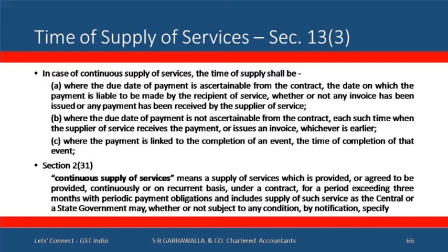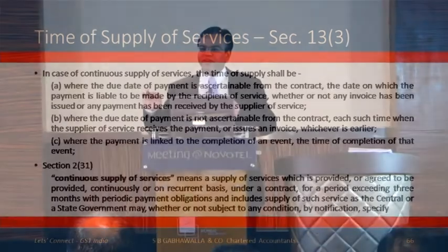Raising of an invoice is an event, and completion of that event results in a liability to pay. So therefore, you will be in clause C. The date of invoice will be relevant for you. So it will depend on small subtle differences which are there. Importantly, the advance concept goes away and it goes into a due date type of concept.